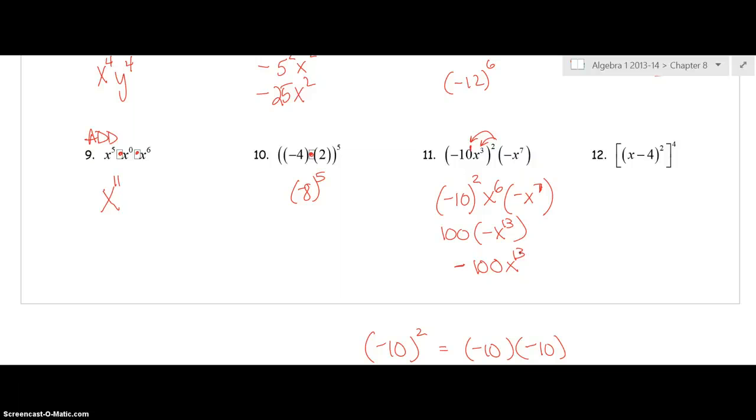Okay, now number 12. How does number 12 look different from every single problem on this page? What does it have that the other ones don't? The subtraction sign, right? This subtraction sign, or addition for that matter, if you have adding or subtracting, you may not distribute.